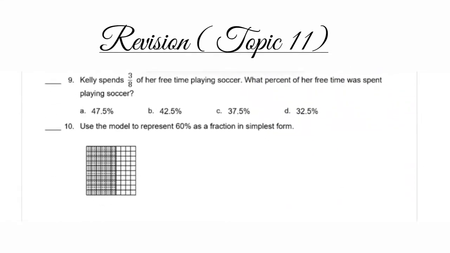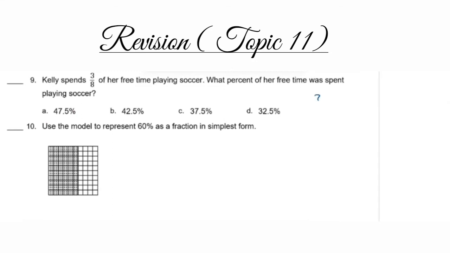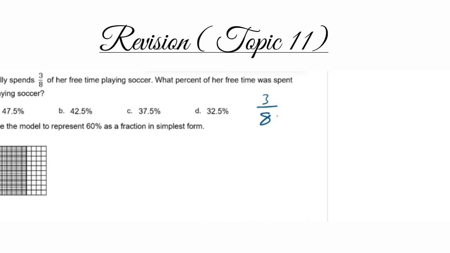In question number 9, Kelly spends 3/8 of her free time playing soccer. What percent of her free time was spent playing soccer? Okay, so we need to find 3/8 as a percent. So 3/8, we should multiply by 125.